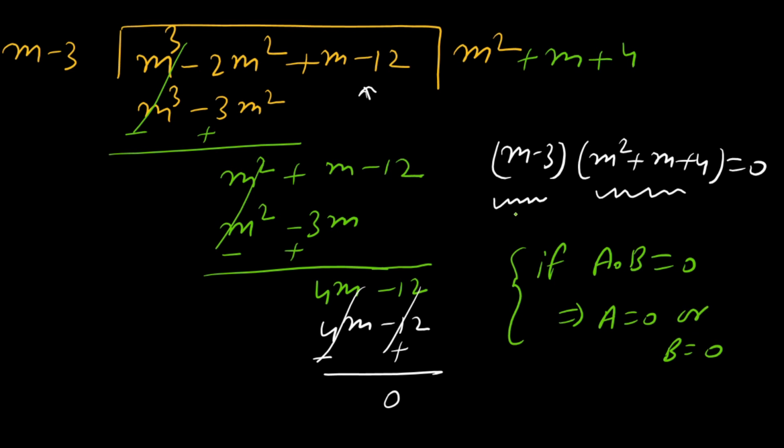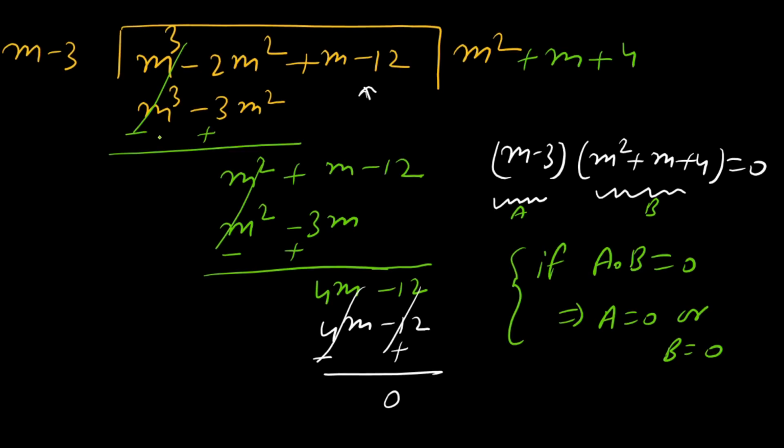If we apply this rule here, let's suppose this m minus 3 is a and m square plus m plus 4 is b. So here a times b is equals to 0. It means either a is equals to 0 or b is equals to 0. So here we can say m minus 3 is equals to 0 and m square plus m plus 4 is equals to 0.